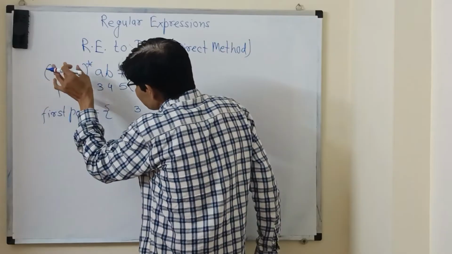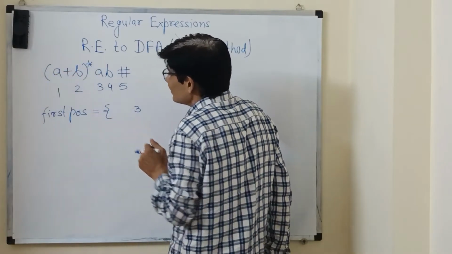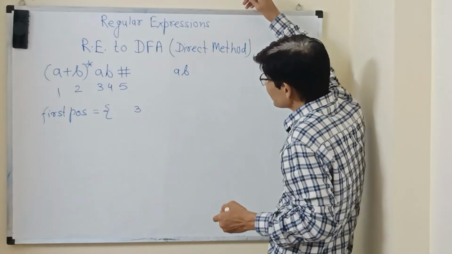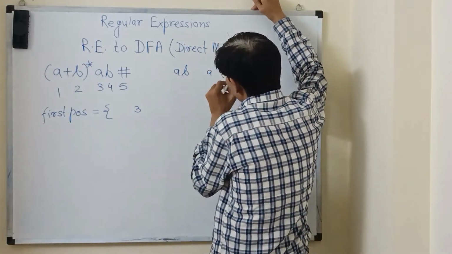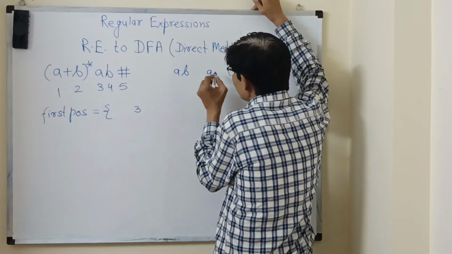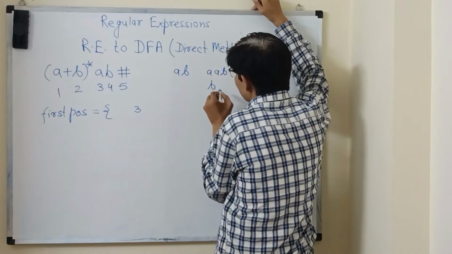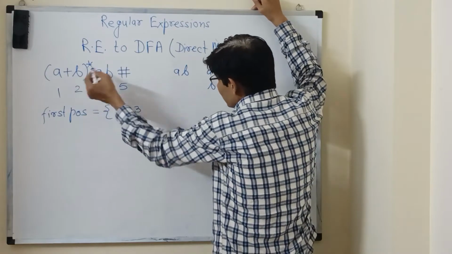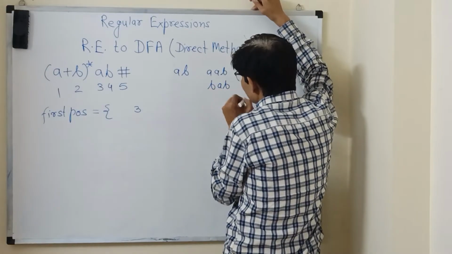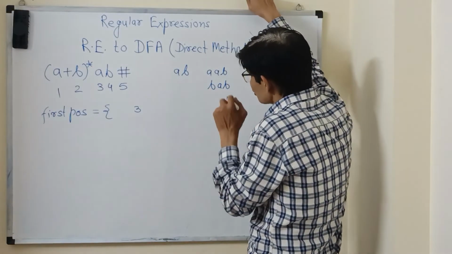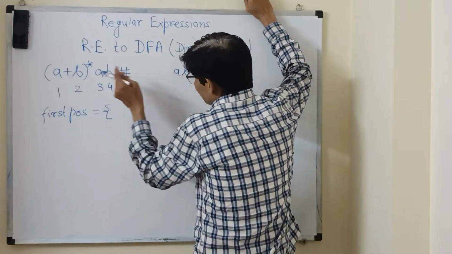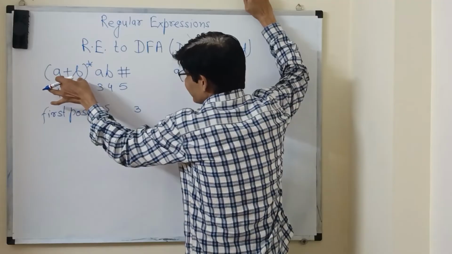Now if we consider at least one symbol from this Kleene closure, we can have either a or b. If we have a, then the complete string would be aab. And if we have b from this Kleene closure, the complete string would be bab. In this case, you can understand this a is coming from this bracket, the Kleene closure.